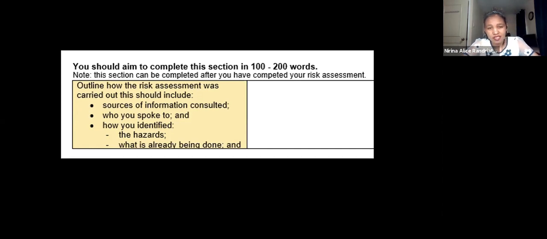Because if you look at the sample, who you spoke to here is like you did an inspection, or maybe you talk to the people doing the job, like workers or the people who are involved in the job. That's what we are focusing on. But if you want to have something extra, like you also want to include the people who are in charge of the medical record, it's not really required, so no need to put specific position for that one.